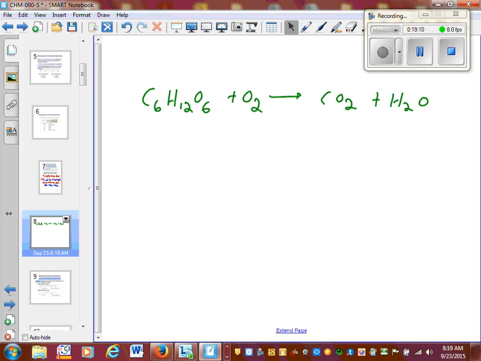We're taking glucose, and what are we doing to it? Taking it to carbon dioxide and water. It's part of metabolism. Glycolysis? Oh, yeah, glycolysis. Probably wasn't presented to you in terms of chemistry, but that's glycolysis.